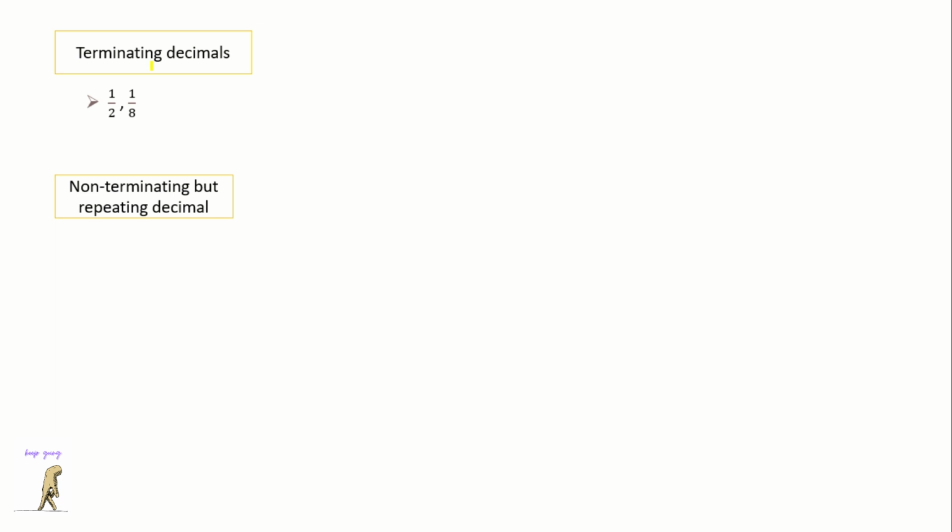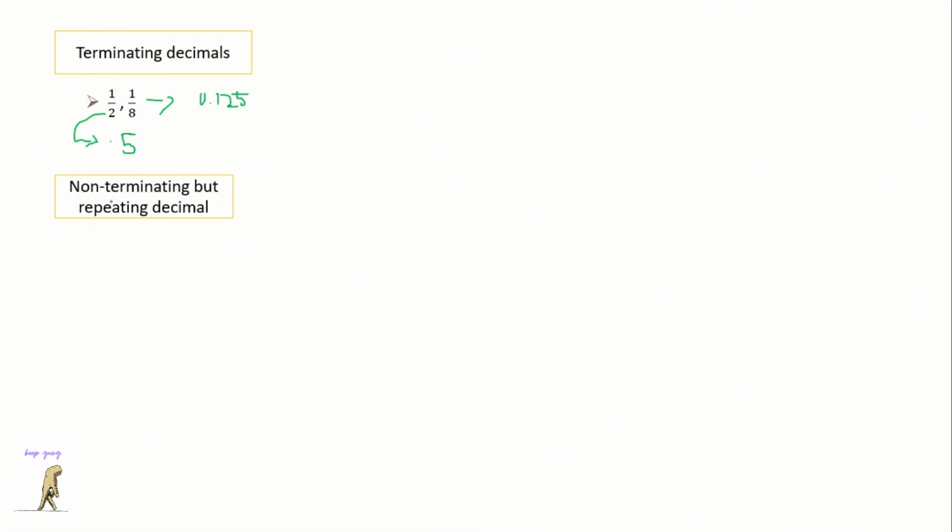For example, 1/2, if you put it into decimal form, can be written as 0.5. It stops at 0.5. For example, 1 over 8 can be written as 0.125. So it stops already.